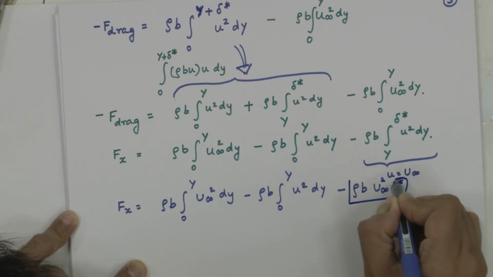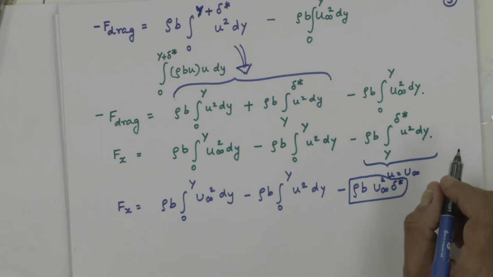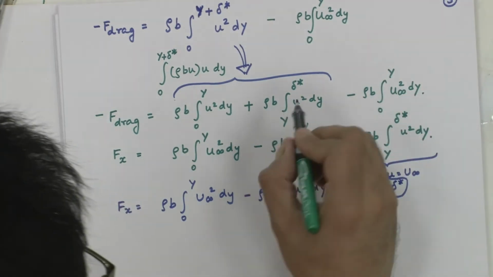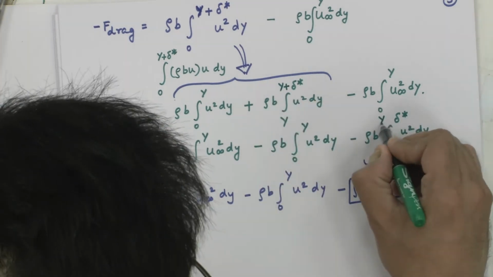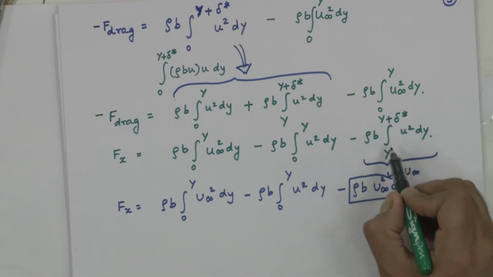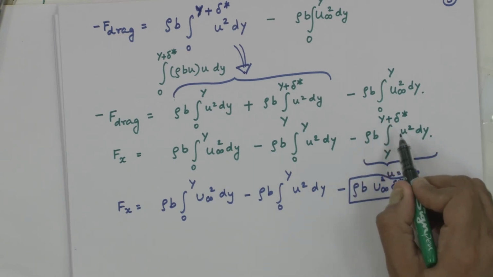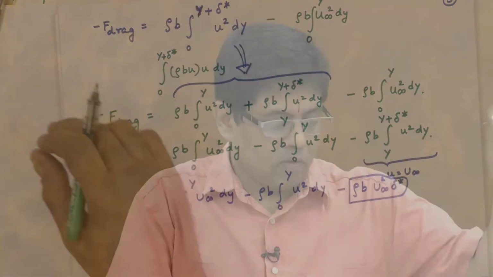The integral of dy is Y evaluated between these two limits, Y plus delta star to Y, so Y will cancel off and it is just going to be delta star.